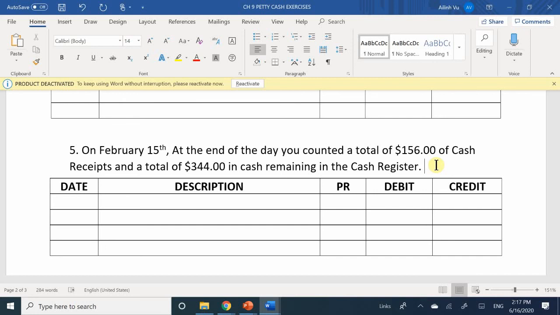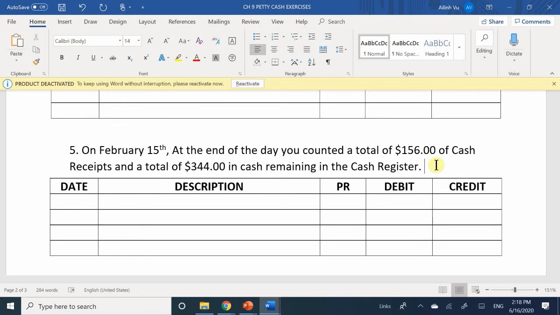Exactly. So my cash register right now is worth $500, because your sales bring you right back up to what you should have in your cash, the $500 that you started with.